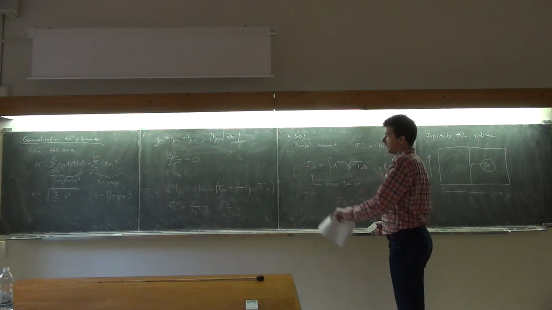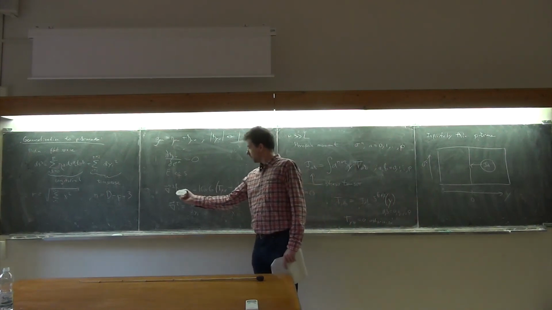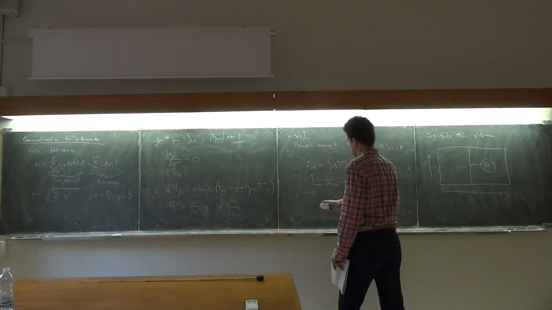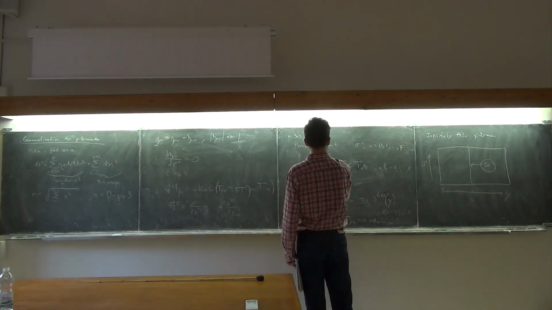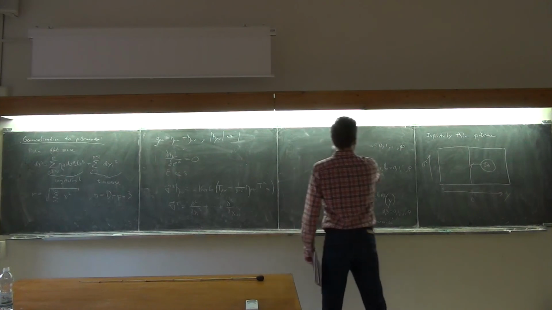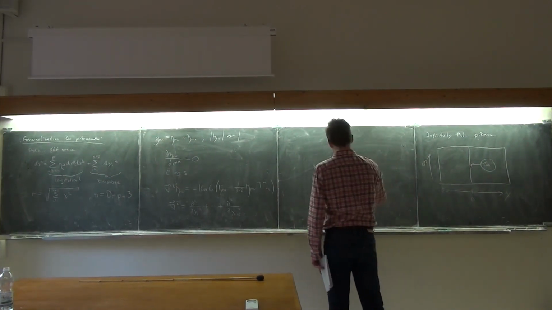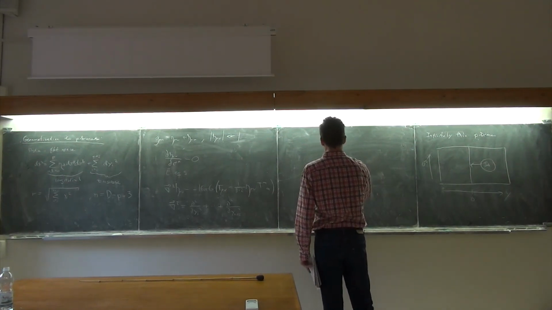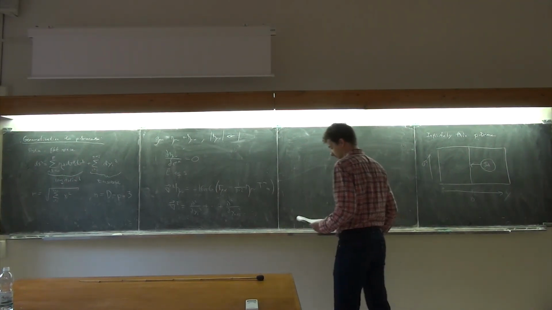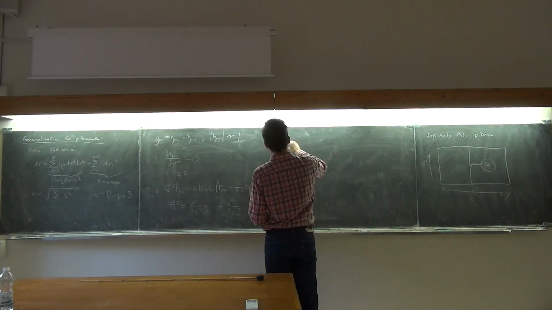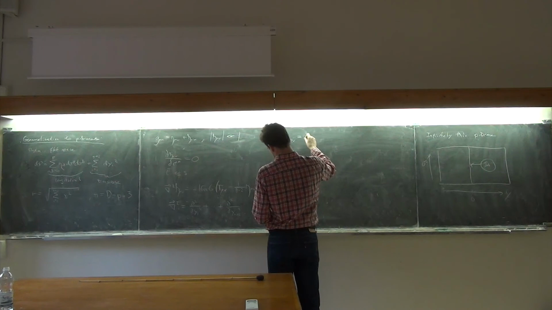And for that reason, when we integrate it, or when we solve this differential equation, the solution is going to look slightly different. Well, very similar. So the solution is simply this.